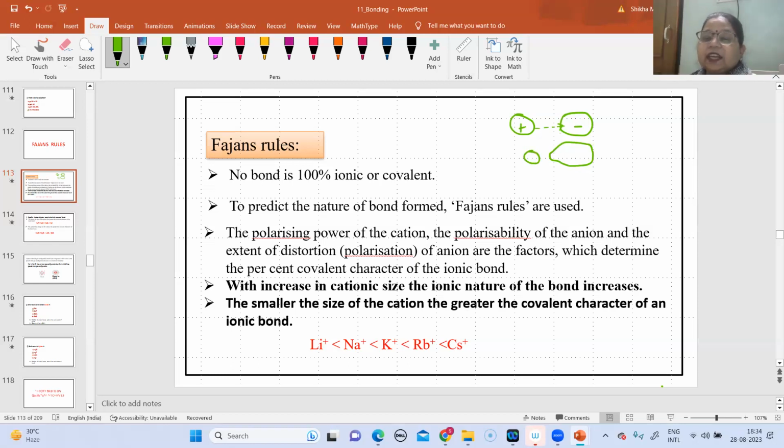So we say that every cation possesses a polarizing power, right? And every anion possesses polarizability.